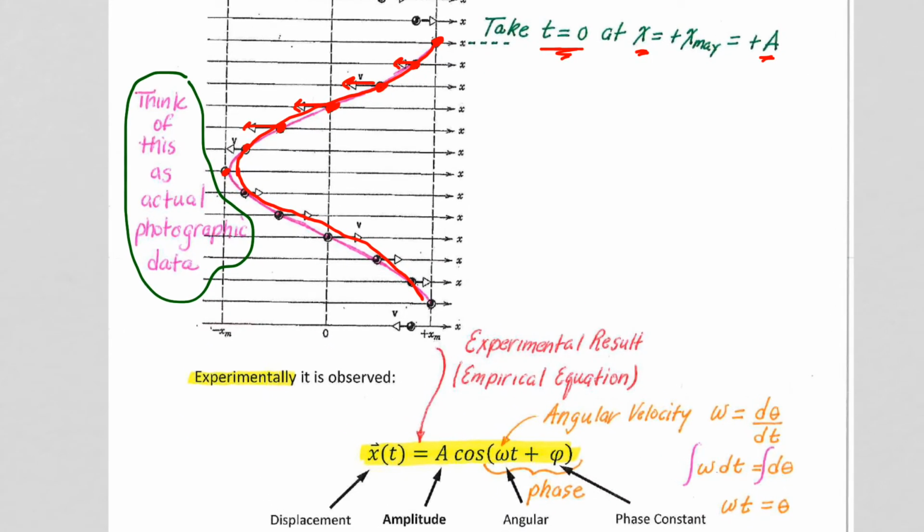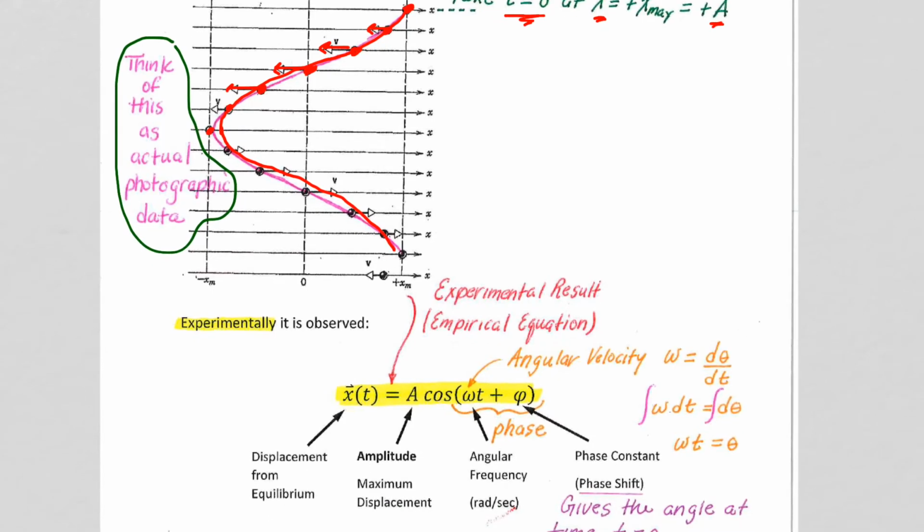So the empirical result we get when we release a block attached to a spring and let it oscillate back and forth on a frictionless surface would be matched to this equation.